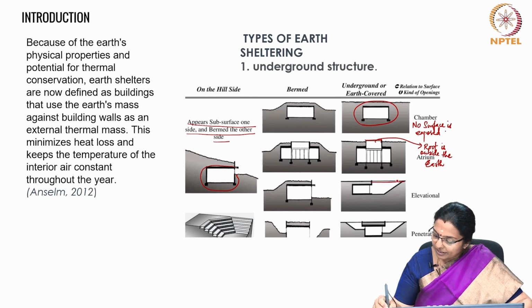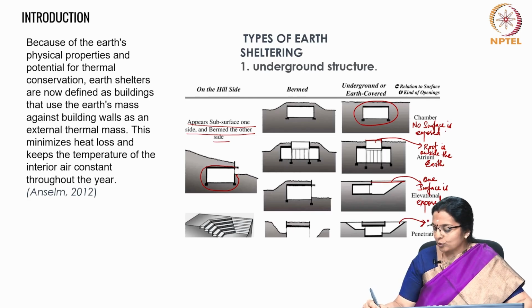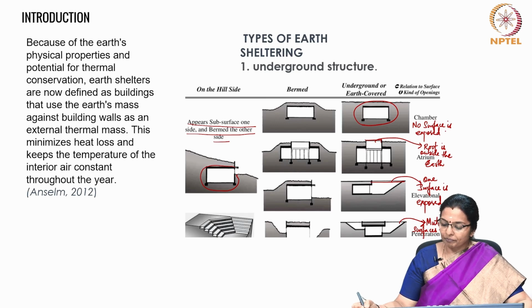There is one elevational where one surface is exposed outside, and then the penetration type where actual livable spaces are inside but there are multiple other ways of entering the building. So, multiple surfaces to enter the building are available.